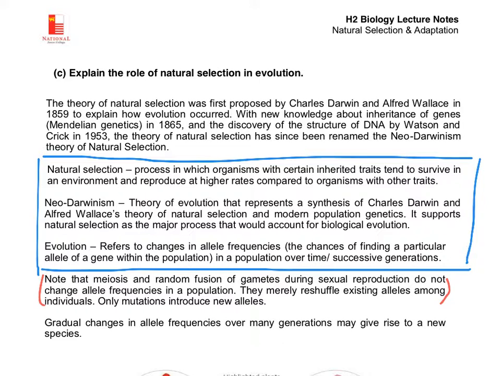So he just sat down, waiting. Alfred Wallace was his junior. Alfred Wallace did the same kind of studies, observed, and came up with the same theory. He wrote a preliminary report and sent it to Charles Darwin.